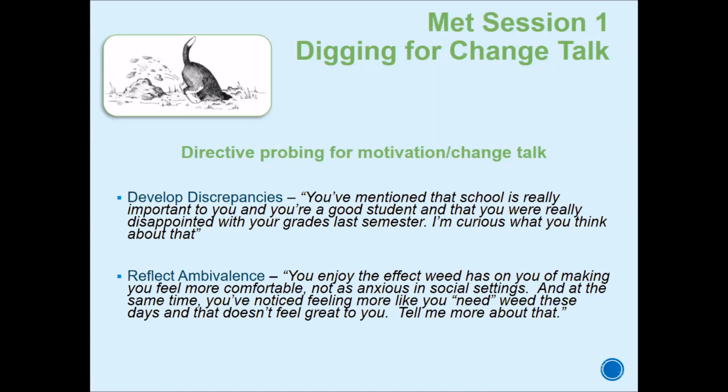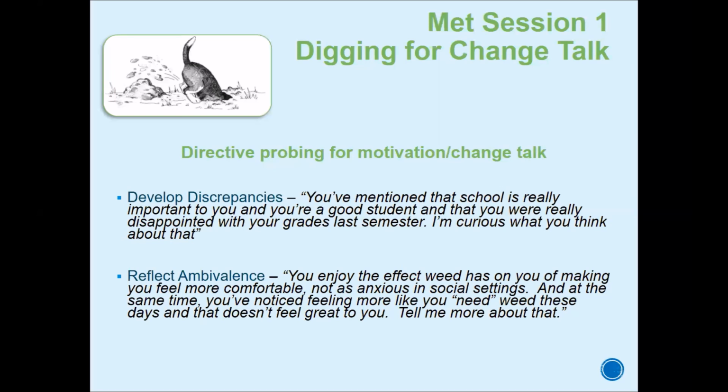Also, definitely be thinking about reflecting that ambivalence. It is natural before someone makes a commitment to change problematic behavior that they feel two ways about it. And with kids and marijuana use, they definitely do. There are often things they really like about their use and will miss if they make a change, so being attuned to that and reflecting it is important.